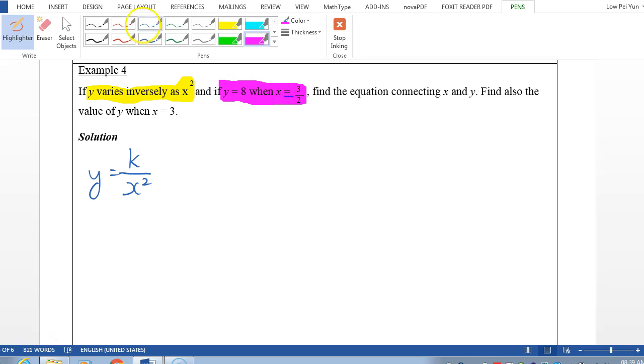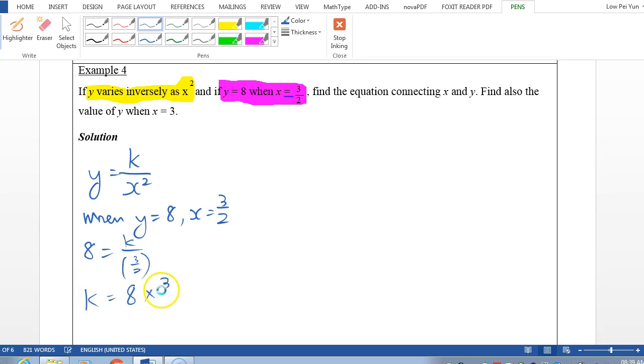So we are going to write when y is 8 and x is 3 over 2. This allows me to find k. So k is equal to 8 times 3 over 2.